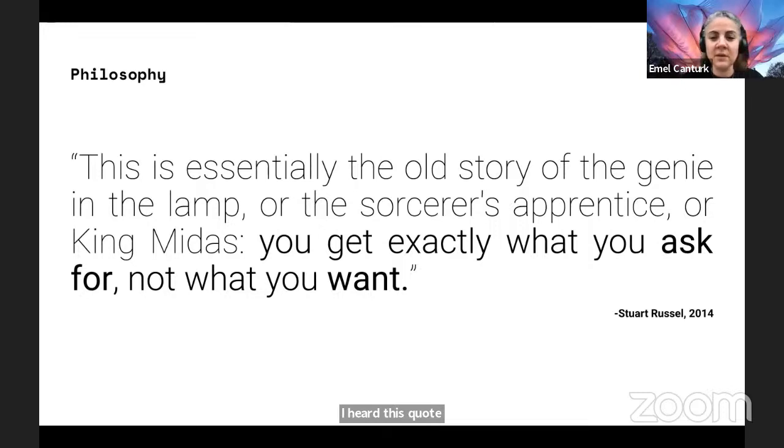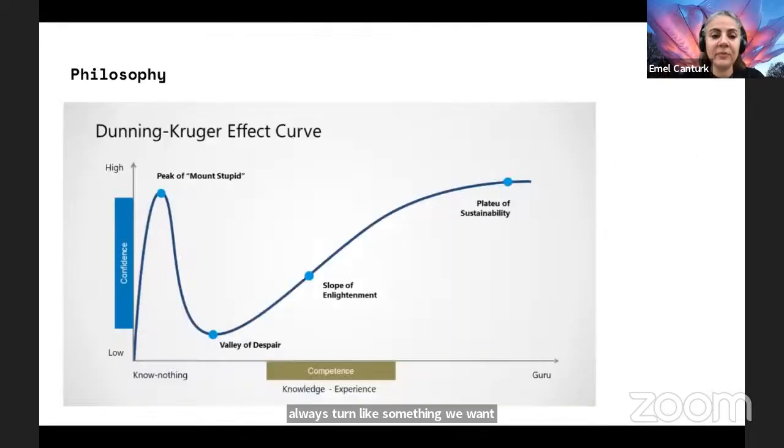He used it in one of his presentations, and it goes like this: this is essentially the old story of the genie in the lamp, or the sorcerer's apprentice, or King Midas. You get exactly what you ask for, not what you want. And I think this is really important. So we need to find a way to ask, because it doesn't always turn out like something we want. Remember the story of the genie in the lamp.